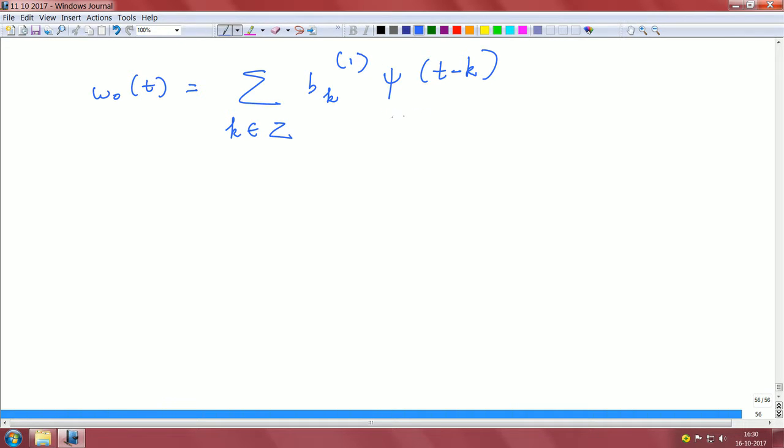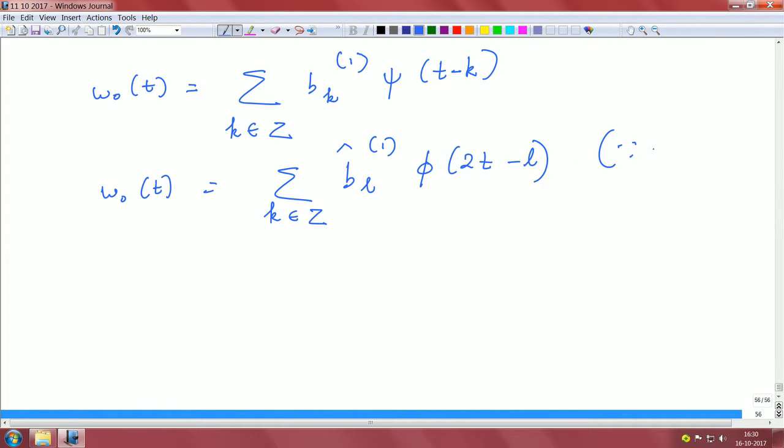Using the wavelet basis I can expand this, but I can write w naught of t as summation l belonging to the set of integers some b l hat of 1 phi of 2t minus l, because w naught belongs to V1, right. W naught belongs to V1.